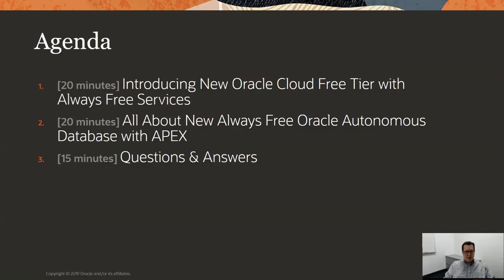I divided this up with 15, maybe 20 minutes on the free tier generally, some important characteristics of it to know and to be aware of, some things that you can do with it, use cases and some tips and best practices and so forth. And then about 15 or 20 minutes all about new always free autonomous database with Apex. And we'll get into some tips, best practices, and a fair amount of detail on that topic as well.